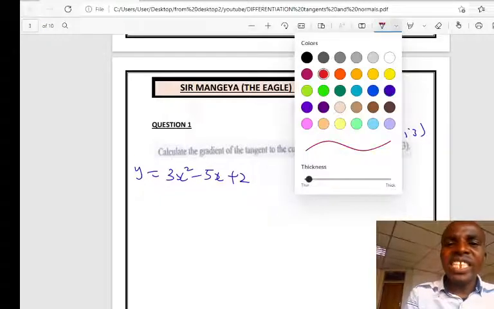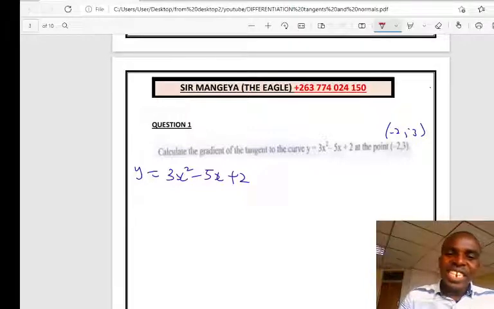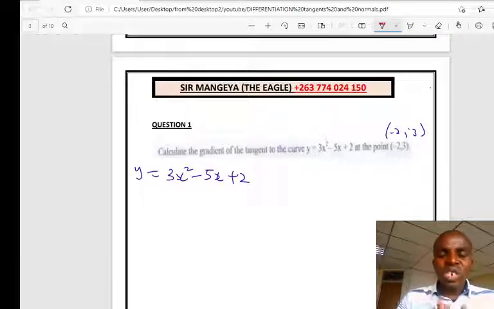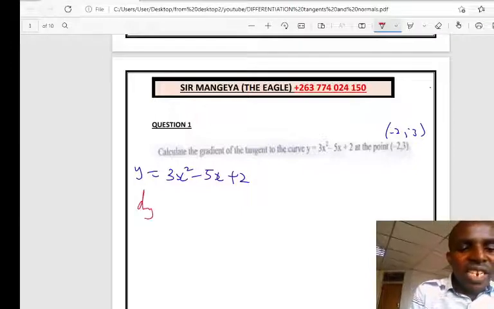Then differentiating this one first, that's finding the gradient, dy/dx. Remember, dy/dx is the gradient of the curve, that is of the tangent at the point where they meet. In this case, x equals minus 2. So first you differentiate, then you put x as minus 2 to find the gradient of the tangent at the point (-2, 3).